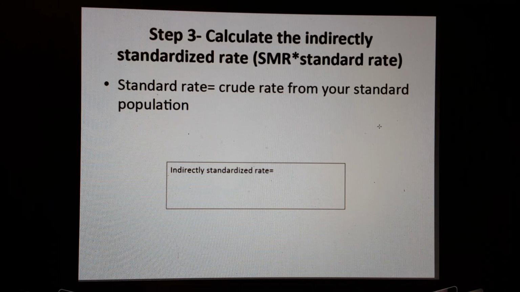And all you need to do is calculate the indirectly standardized rate. So what that is, you're multiplying the SMR by the standard rate. So the standard rate for this is just the crude rate from your standard population. So for this one, the rate for Sweden was 10.5.